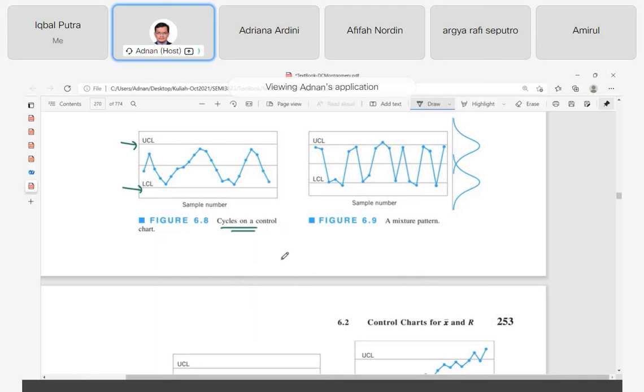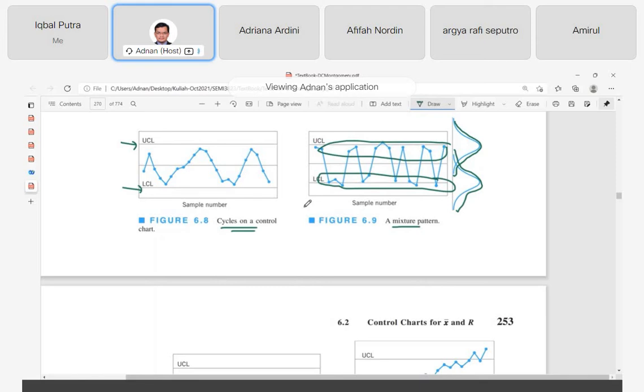It could be something loose, the joint is loose, so we need to tighten it again so that the wobbling goes back to the original state. Or maybe mixture. Mixture is when you have, for example, two materials coming from two different suppliers. One supplier producing this, another supplier producing this. So you may get a mixture pattern. This shows the mixture of this part, and this is also a mixture of this part. Interpretation of this process variation is very useful because we want to make corrections.